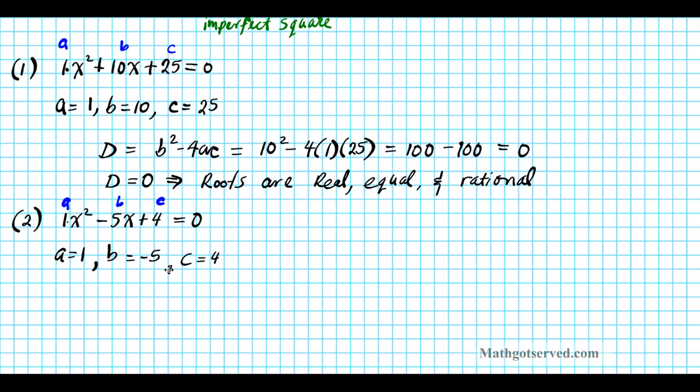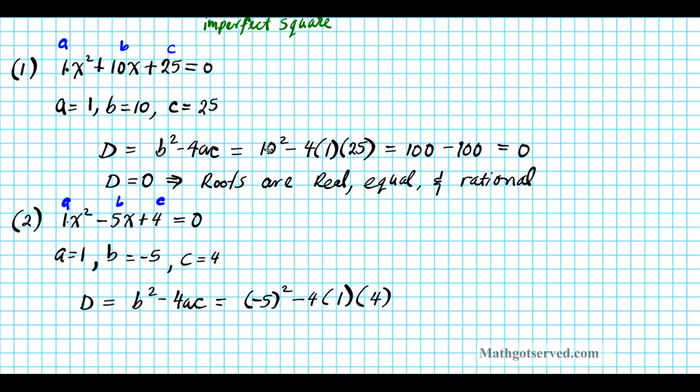The discriminant d is equal to b squared minus 4ac. If we plug in these values into this expression, we'll have negative 5 squared minus 4 times a, which is 1, times c, which is 4.